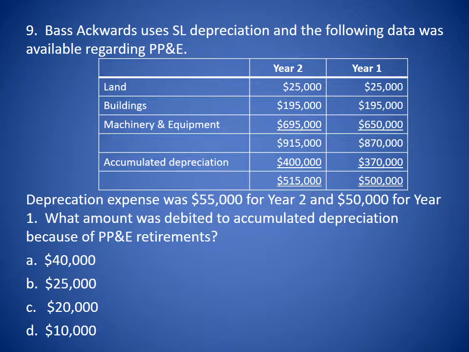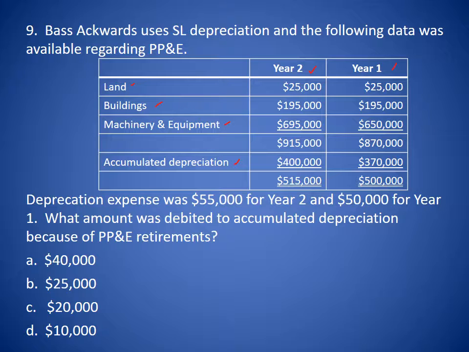Question number 9. Bass-Ackwards uses straight line depreciation, and the following data was available regarding plant, property, and equipment. And you can see we have land, buildings, machinery, and equipment, and the associated accumulated depreciation with those classes for year 1 and also the more current year, year number 2.